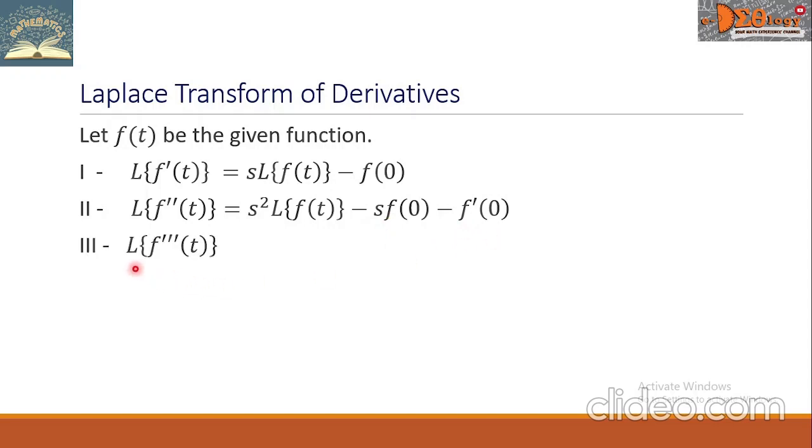Third, Laplace transform of f triple prime of t equals s cubed times Laplace transform of f of t minus s squared times f of 0 minus s times f prime of 0 minus f double prime of 0.